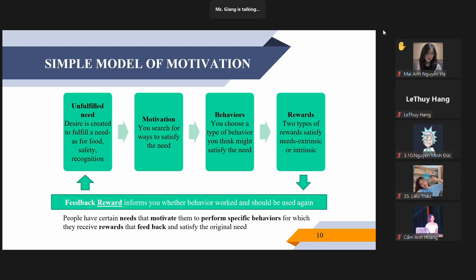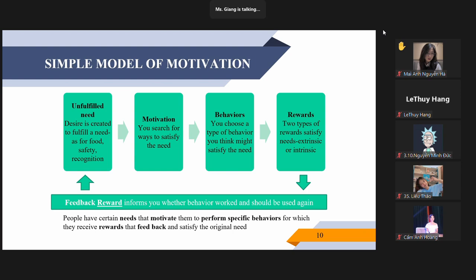So if I am hungry now, I will have the desire to fulfill my hunger, right? To fill my stomach. I want to satisfy the unfulfilled need. Therefore, I will have the motivation.